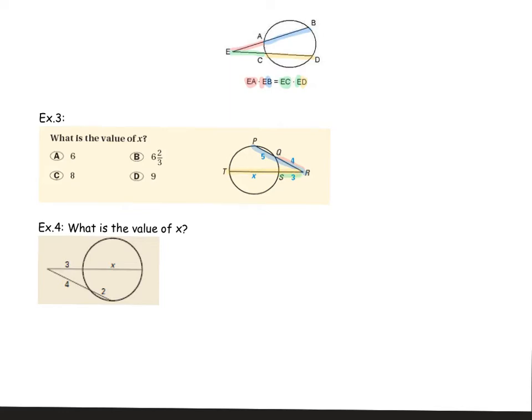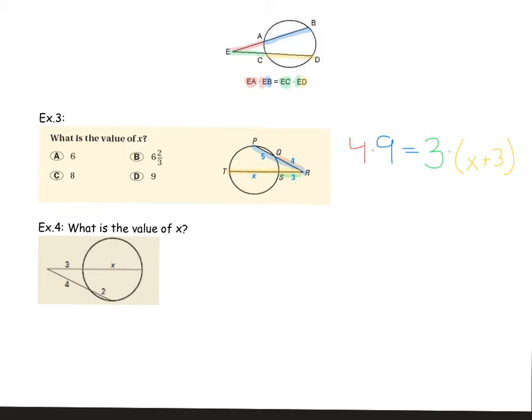So you take your outside piece, which for PR is 4, and you multiply that by the entire length. So the entire length would be 9 because 5 plus 4 is 9. For the other secant segment, you take the external part, which is 3, and you multiply that by the entire length, which would be x plus 3, because you need to add them together to get the entire length.